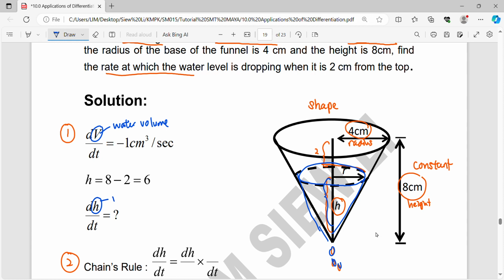So this H is referring to your water height, your variable, changing from time to time. At the same time, your r is your water radius, also one of the variables when your water comes out. So the radius of the conical funnel and the height of this conical funnel, they are constant. So identify what is your variable and your constant.